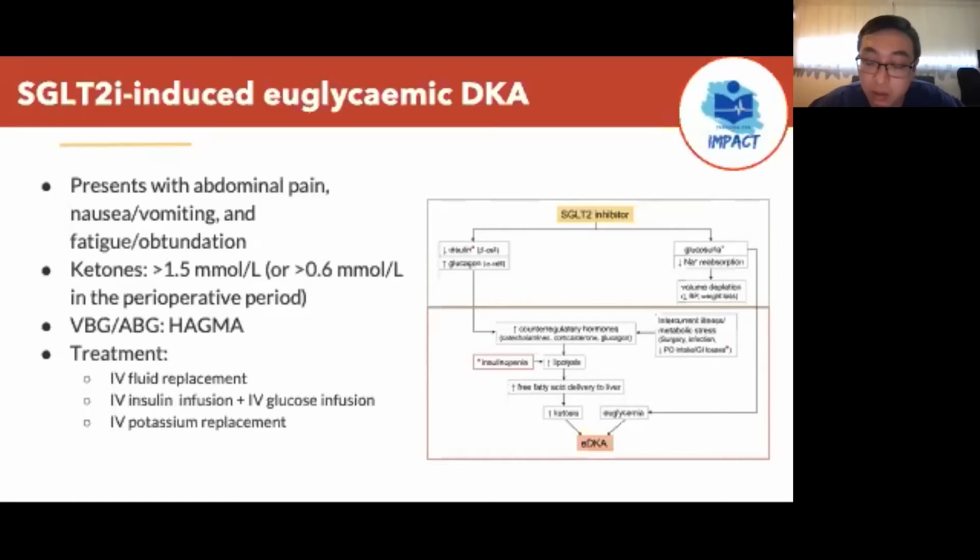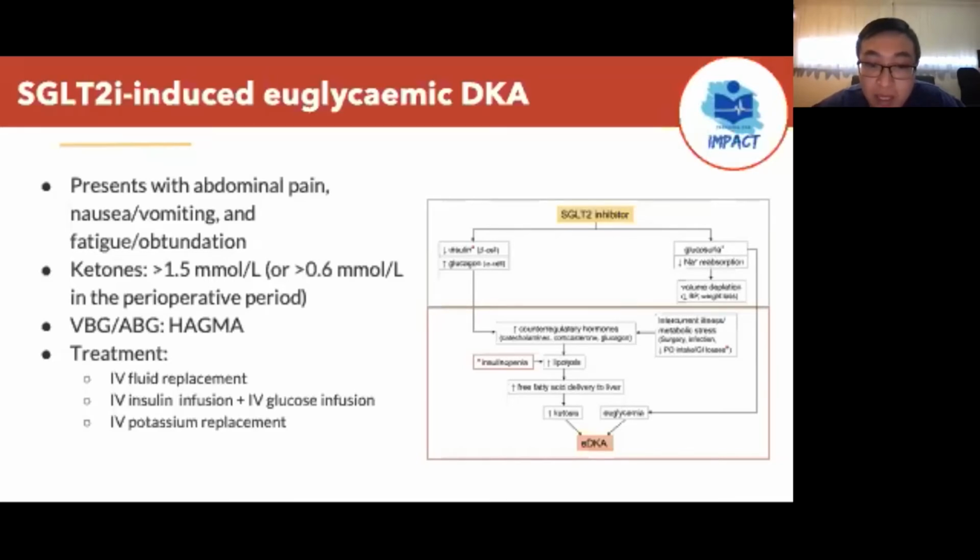You serially monitor the BSLs as you're giving this IV insulin infusion. And once the BSLs drop below 15, you start them on IV glucose. So IV glucose and IV insulin. And the goal is to continue IV insulin and IV glucose until the anion gap normalizes and the bicarbonate normalizes as well. So that's the second component of DKA therapy.